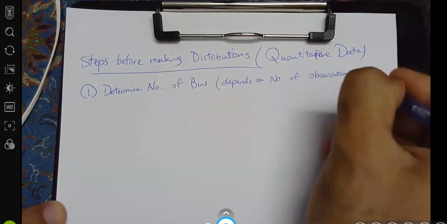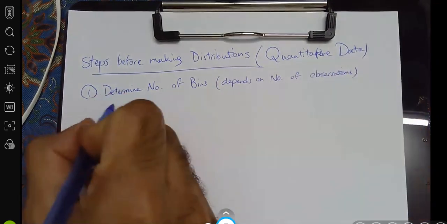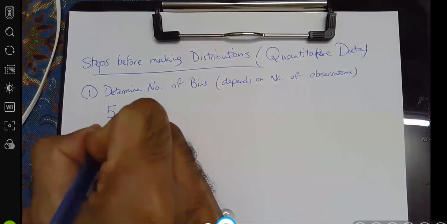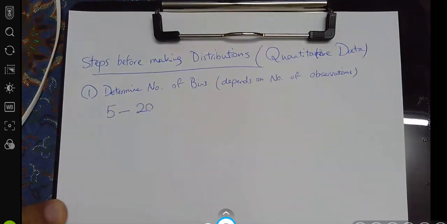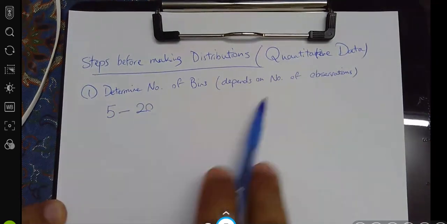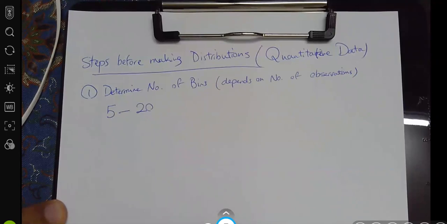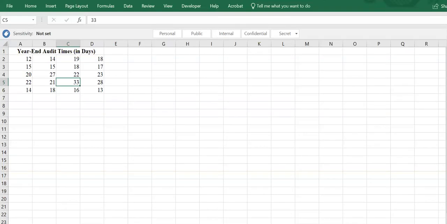And it's usually somewhere between 5 to 20, as the book specifies. In this case, in the audit data file, we're dealing with just 20 data points. This is a very small size data file.